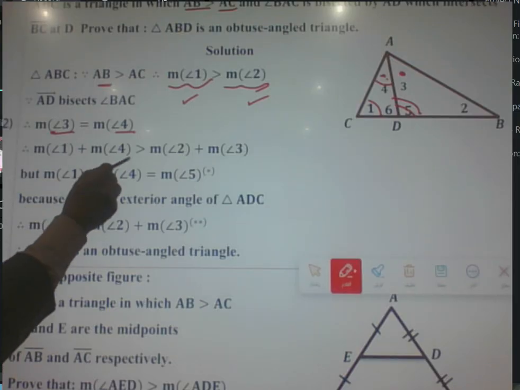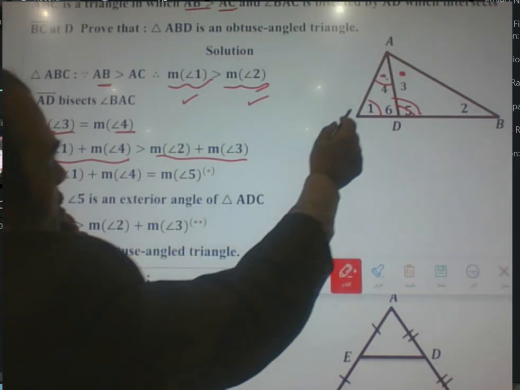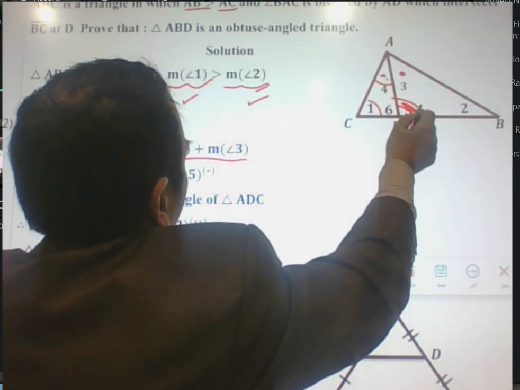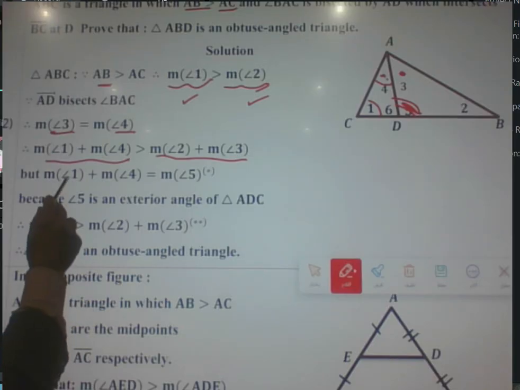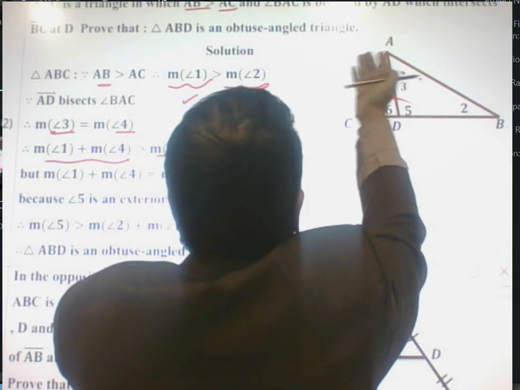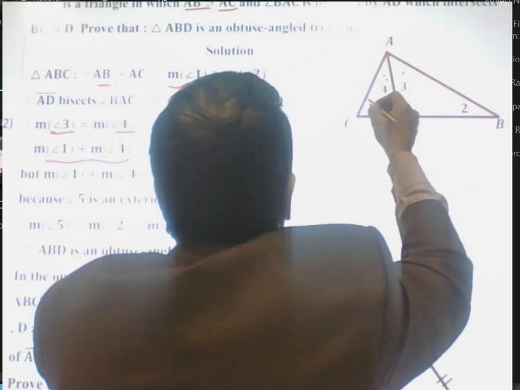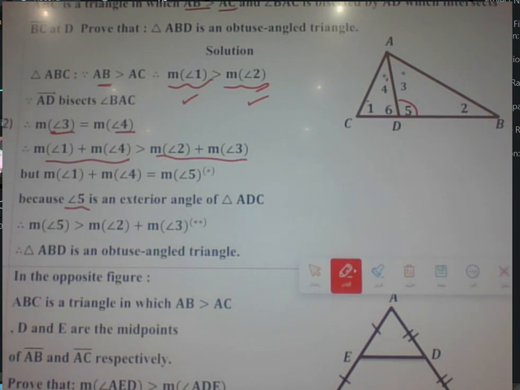If we add the measure of angle 4 here and the measure of angle 3 here, look at here, 1 plus 4: angle 5 is greater than angle 1 and angle 4 also. If we collect 1 plus 4, it will be the measure of angle 5, because for the exterior angle 5, the summation of the interior angles 4 plus 1 equals 5. Angle 5 is an exterior angle of triangle ADC.